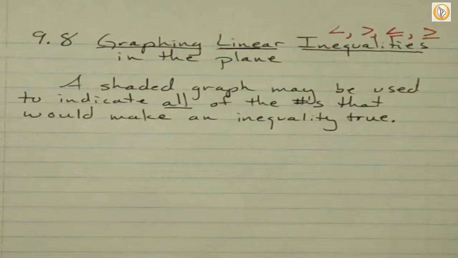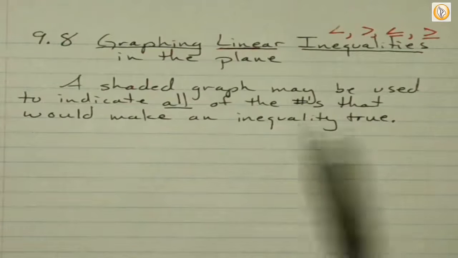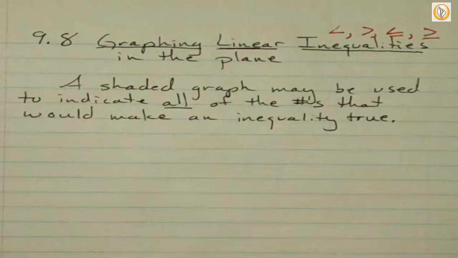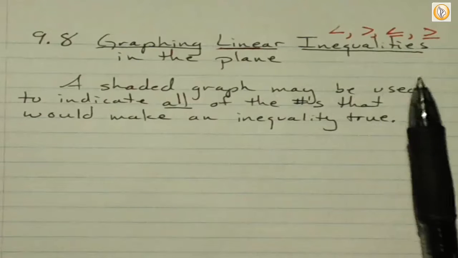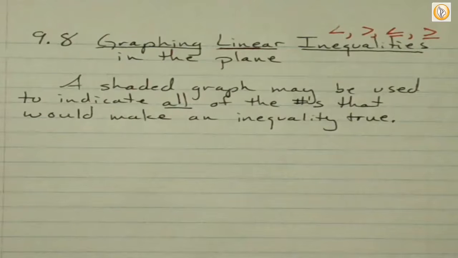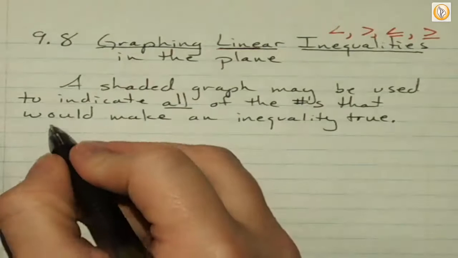Now we're going to take it up a notch. You're going to do exactly the same thing we've been doing, but this time we're dealing with inequalities. Instead of an equal sign, y equals mx plus b, it's going to be y is less than mx plus b, or y is greater than or equal to mx plus b. And there's going to be some shading going on.